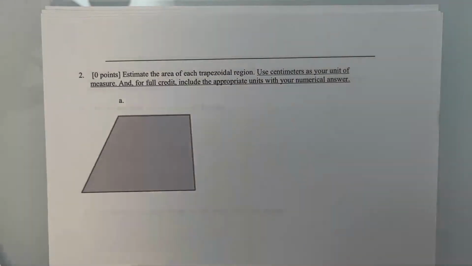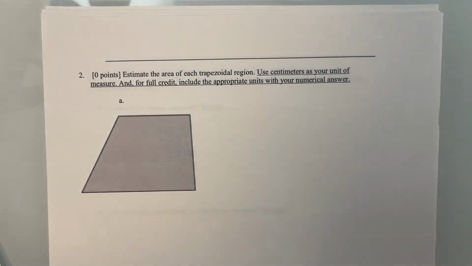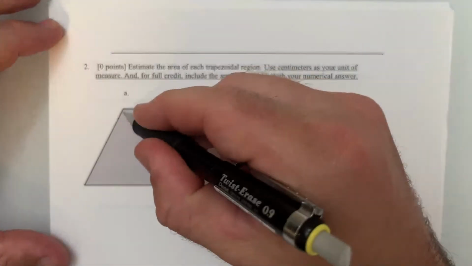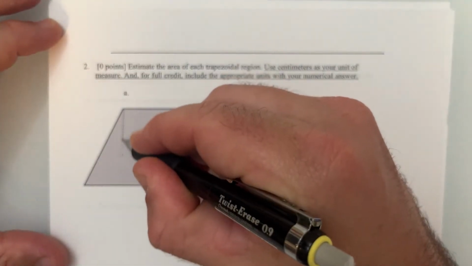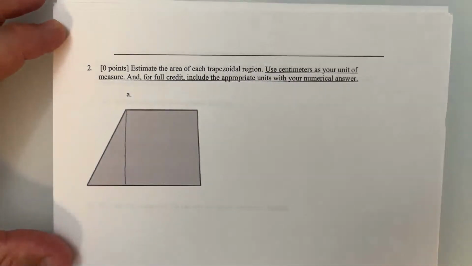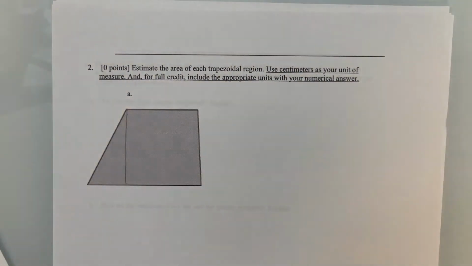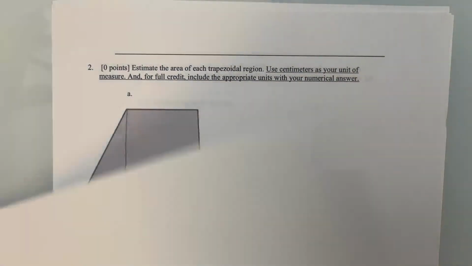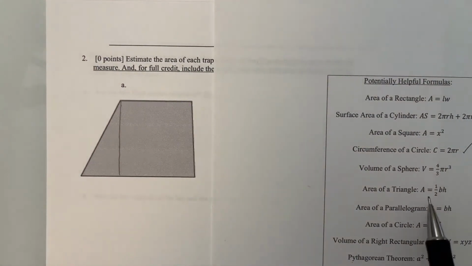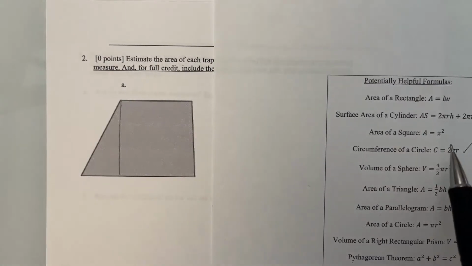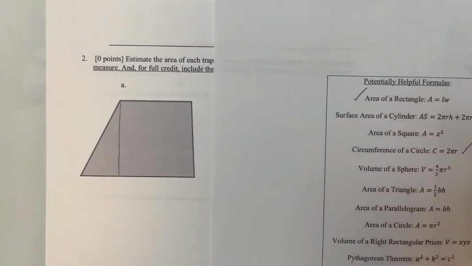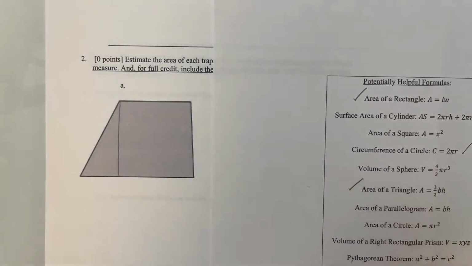Maybe the concept is I'll split this up as a rectangle and a triangle for this first one, and I'll make the appropriate measurements based on the formula sheet up front. There's area of a triangle here, area of a rectangle up here. So now we're looking here and here.